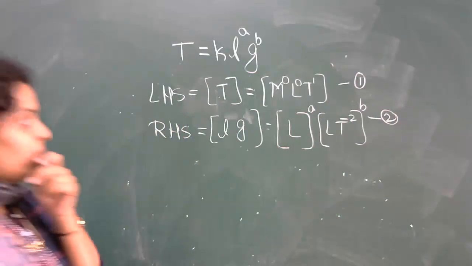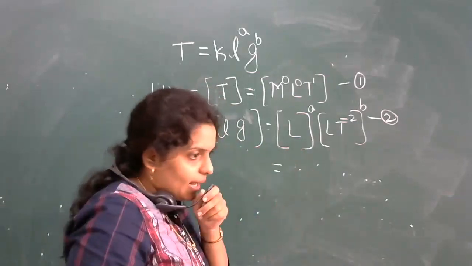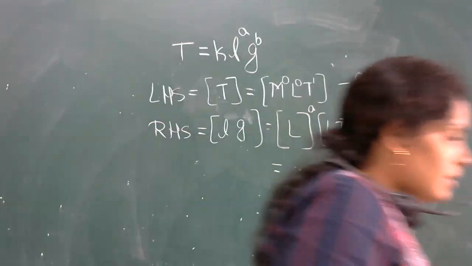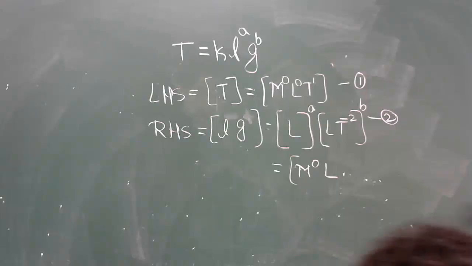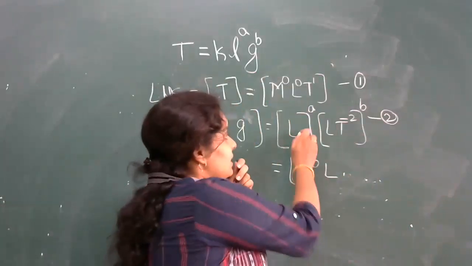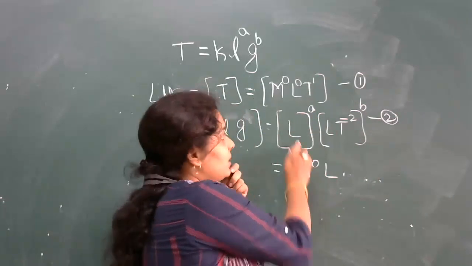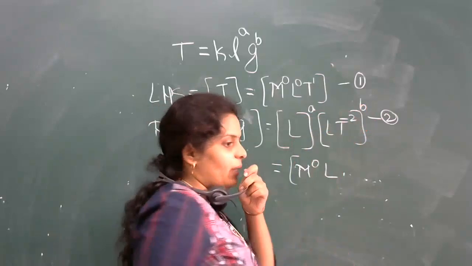But before that, check. Here we have M to the power 0, L to the power A, and here L to the power B.